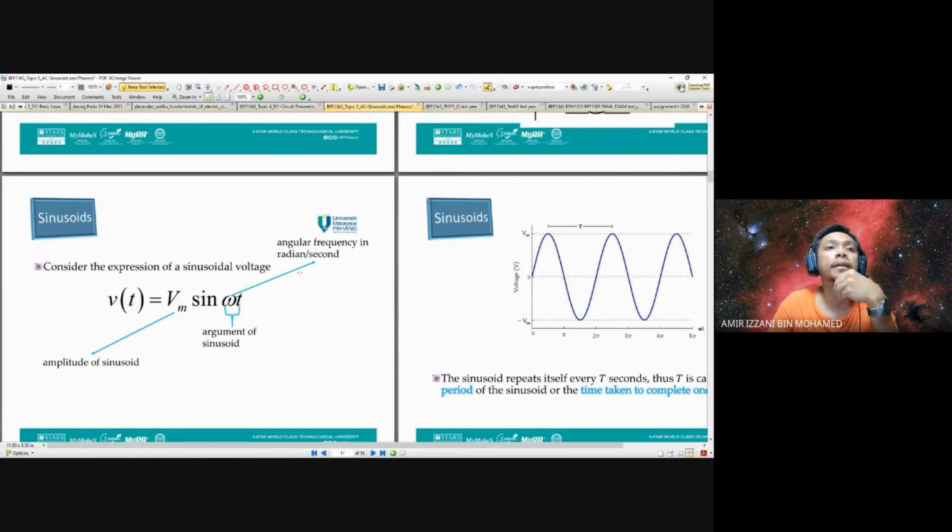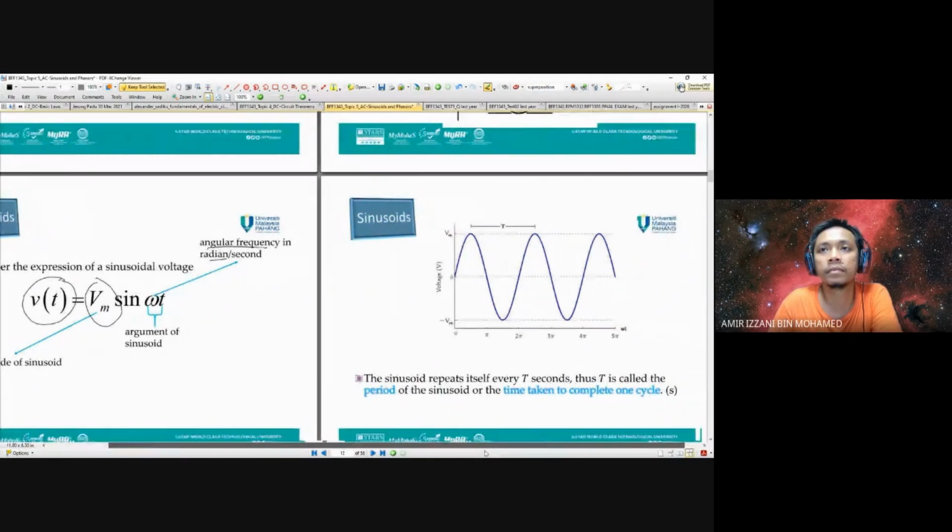Okay, let's consider a sinusoidal voltage. It is expressed in the time domain. V(t) equals V maximum, Vm, or the amplitude, times sine omega t, the argument of the sinusoid. Omega is the angular frequency in radians.